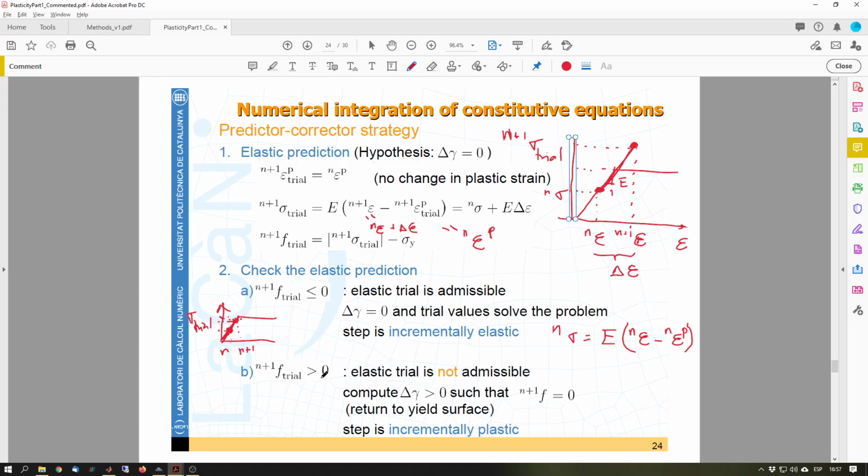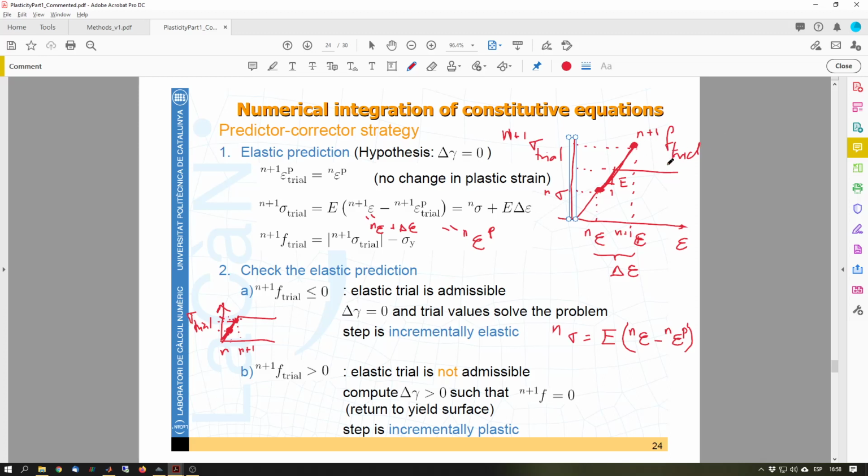Then let's imagine that we have gone from that point, like in that example, with my n plus 1 F trial. On the bottom right we have this trial, and on the bottom left I think there's nothing, luckily, because that would be too confusing.